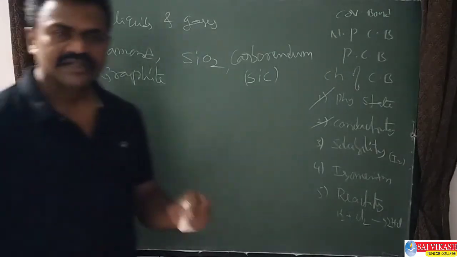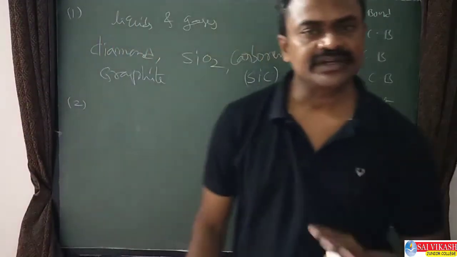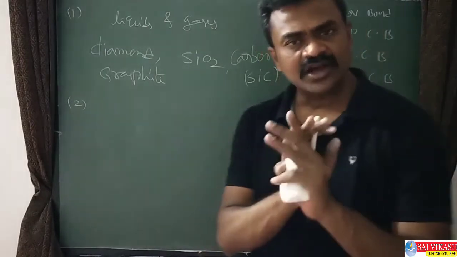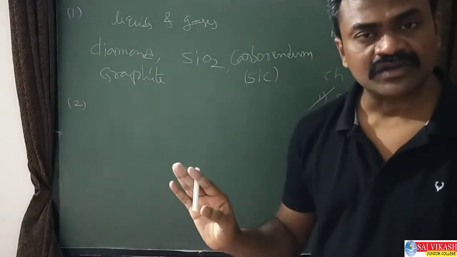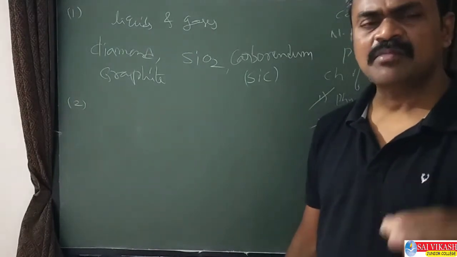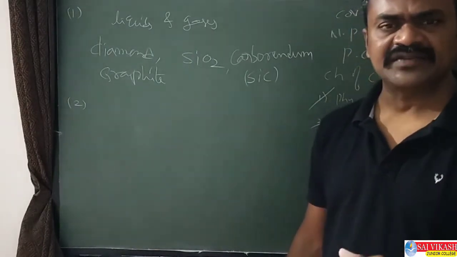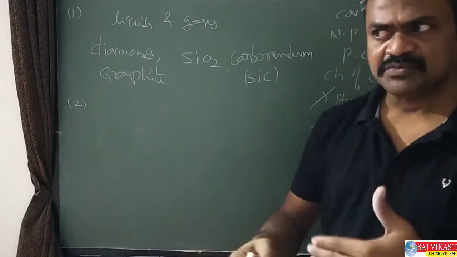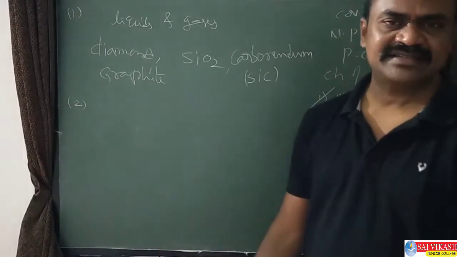So number two, conductivity. Conductivity means do they pass electricity through them? They are all non-conductors of electricity, because in covalent bonds, polarity is almost always less, because of mutual sharing of electrons.